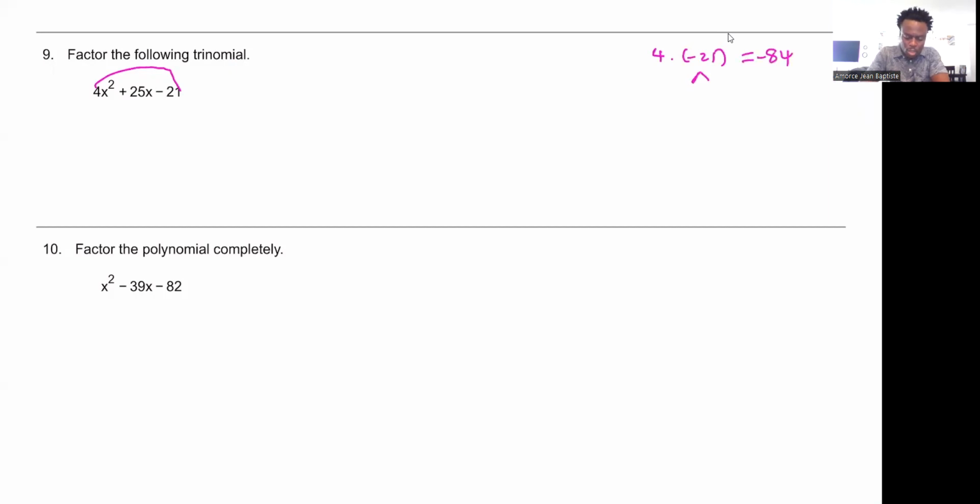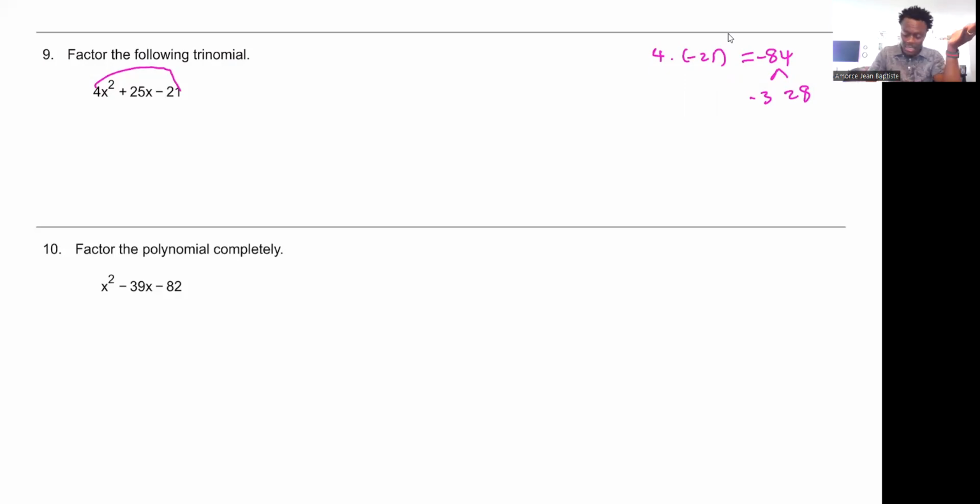And then two factors of -84 that the sum is 25 are -3 and 28. Of course, you're gonna spend some time to search before you see it, and then you can have the right pair of factors to break it down.